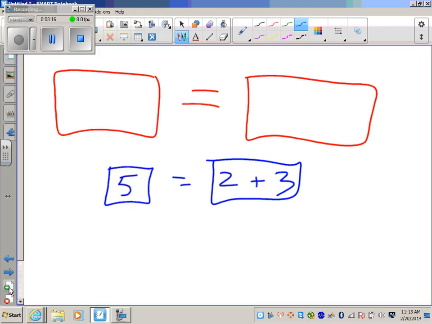It is 5. This is also 5. It's just a different way of writing 5, isn't it? 2 plus 3 is just a different way of writing it. But its overall value is still 5, and the other one is still 5.